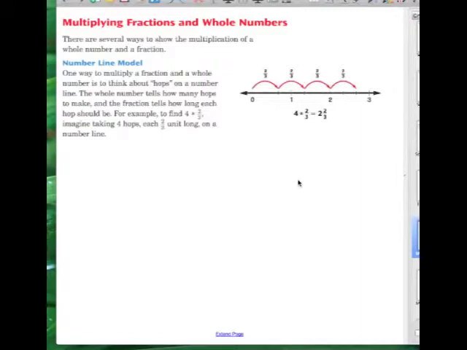One way to multiply a fraction and a whole number is to think about hops on a number line. The whole number tells how many hops to make, and the fraction tells how long each hop should be. For example, to find 4 times 2/3, imagine taking 4 hops, each 2/3 long, on a number line, which is what they did here in this example.